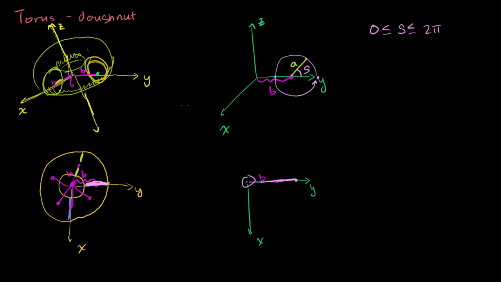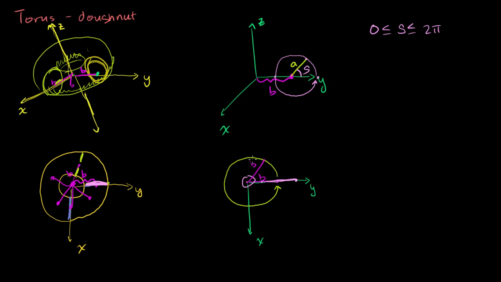Now, we're going to rotate this circle around the z-axis. And to do that, we'll define a parameter that tells us how much we have rotated it. So this is when we've rotated 0 radians. At some point, we're going to be over here, and we would have rotated it. This is b as well.